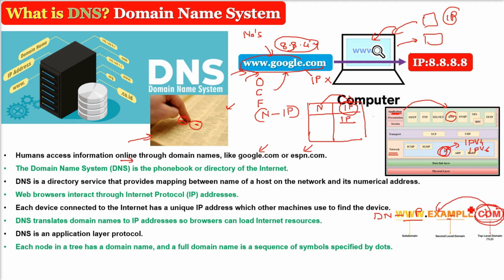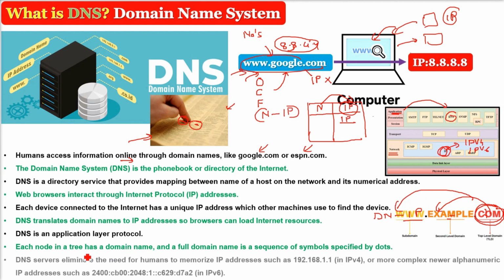So .com is first being known. DNS servers eliminate the need for users to memorize IP addresses like IPv4 and IPv6. IPv4 people can remember, but how can a 128-bit IPv6 address with hexadecimal values be remembered? It is not possible. That is why we need DNS.